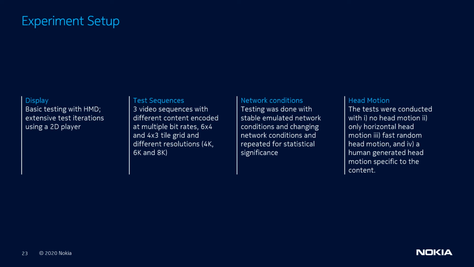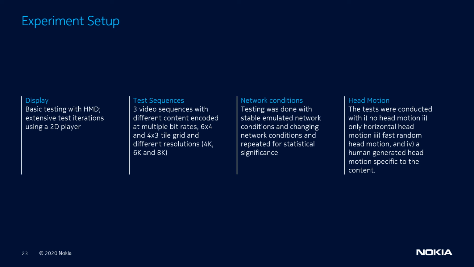And then we encoded all 3 of these in both a 4x3 tile grid and a 6x4 tile grid with different bitrate levels. The network conditions we emulated with stable network conditions, which stayed the same throughout different levels of these stable network conditions.